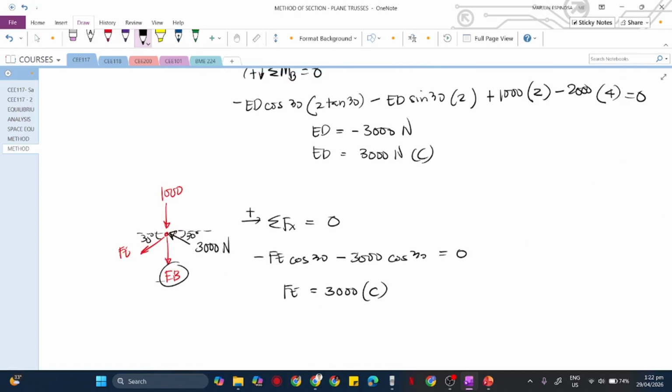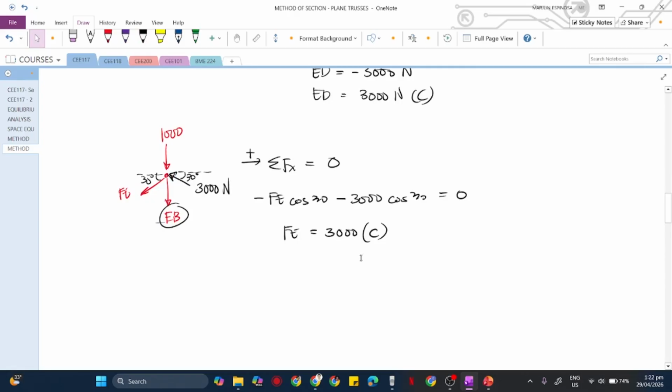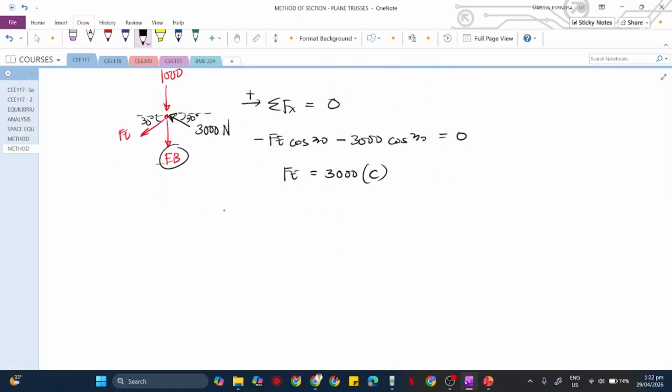Okay? Now, therefore, if that's the case, we can now proceed to summing up the forces along y, equate that to 0. Yung positive, pataas. So, therefore, we have here negative 1,000. Ito yon pababa. Then, yung EB natin na pinahanap.